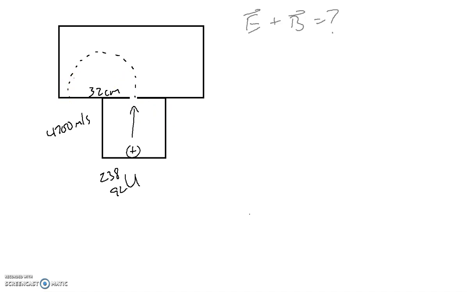So if my electric field and force have to shove it to the right, this has to be the negative plate, and this has to be the positive plate. Or you can look at it this way: the electric field has to go this way. So I know my electric field has to go to the right, so the electric force is to the right, because my magnetic force is to the left.